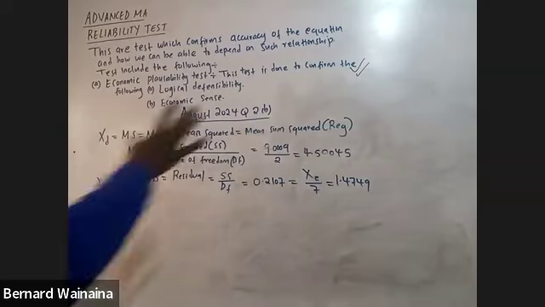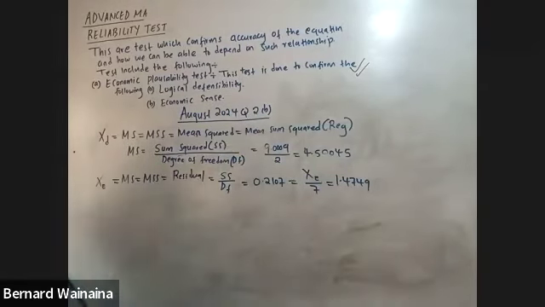For economic possibility, you just take the equation and what you expect. If it is the same, then you say it is economically possible. If it's the opposite of what we expect, then you can conclude that it is not making economic sense.